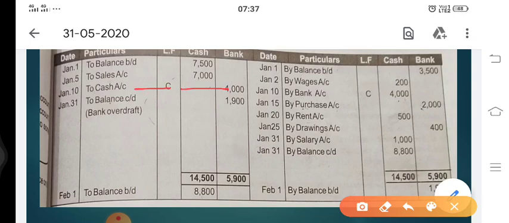And we'll go to the credit side. We'll write here by bank account and the amount in the cash column because cash was paid. So cash going out means credit. Bank receives, so debit side. As you can see here in the column of LF we have written C. C stands for contra entry. Got it, students?